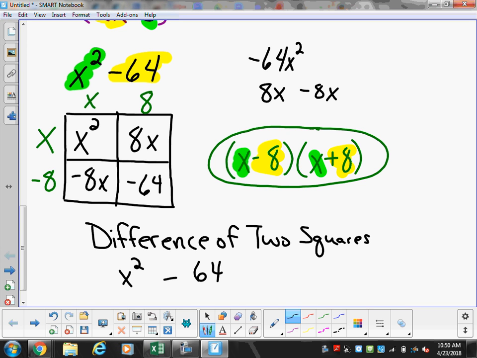Okay, so when you have this kind of situation with x squared minus 64, or 81's thrown in there, or 25, or 4, then you take the square root of each. So the square root of x squared is just x. You put it at the front. You take the square root of 64, which is 8, put it at the back, make one minus and one plus, and you got your factors.